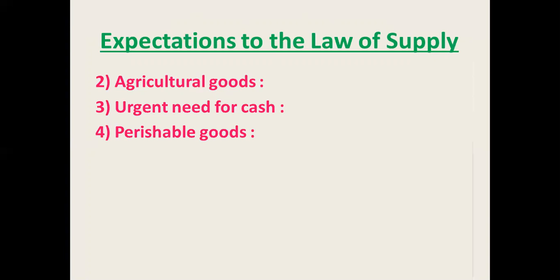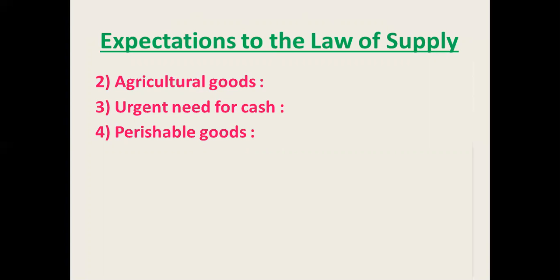The next exception is perishable goods. What is the meaning of perishable goods? Goods that cannot be stored for extra time. In the case of perishable goods, the supplier would offer more quantity for sale at a lower price to avoid losses, because we know there are two different kinds of goods. First is perishable and second is durable. Perishable goods we never store for extra time, and durable goods we can store for a long period of time.